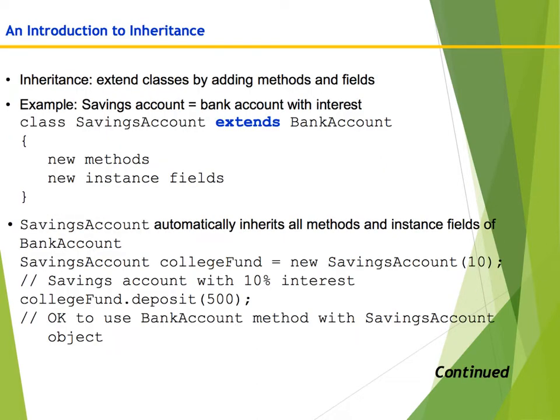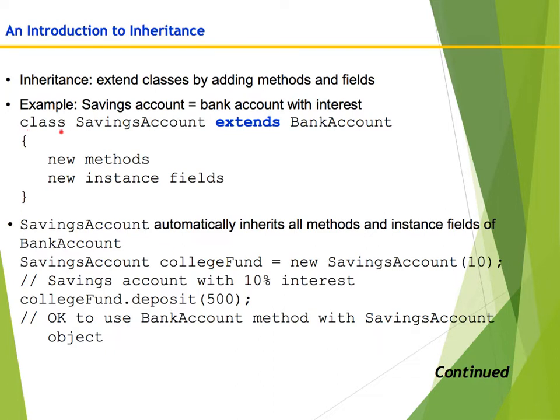Basically, inheritance means to extend classes by adding methods and fields to it. For example, if you have a class already defined named BankAccount, and then you want to extend that BankAccount by adding some new methods and fields, you can write it this way.